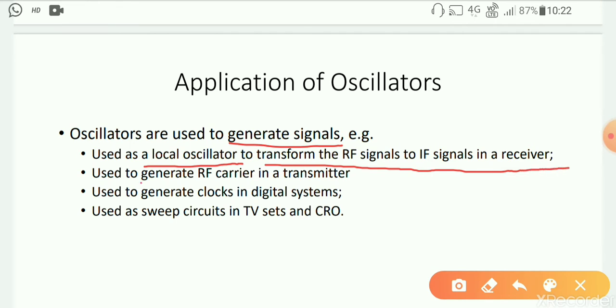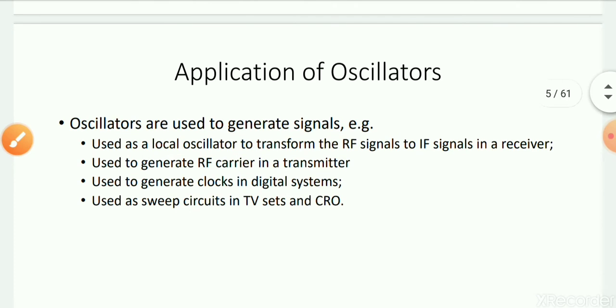It's used to generate the RF carrier in a transmitter, generate the clock in digital systems, and used as a sweep circuit in TV sets and CRO. That means to maintain the visualization or image on the TV or CRO, the most important thing is the sweep one. So that particular arrangement can be done by the oscillator.